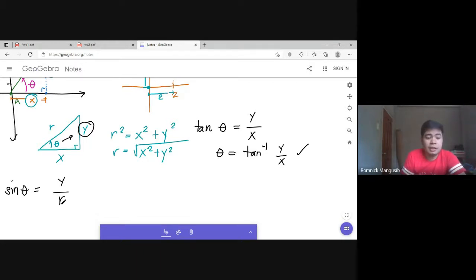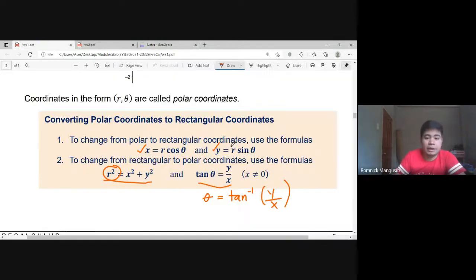Di ba? Sine is opposite over hypotenuse. So sine theta is equal to y over r. Cross multiply radius and sine theta, y is equal to r sine theta. Yan ang pinanggalingan ng formula for y. Kaya nakikita nyo, it is r sine theta.